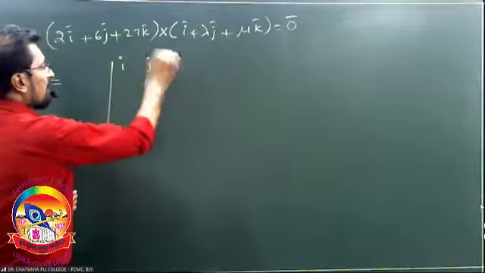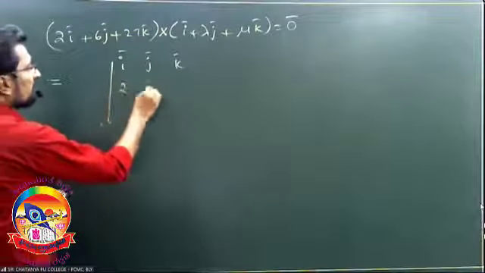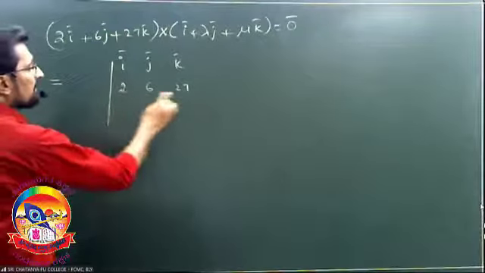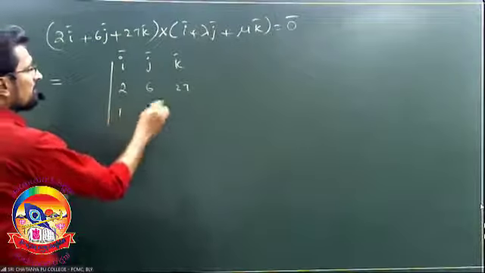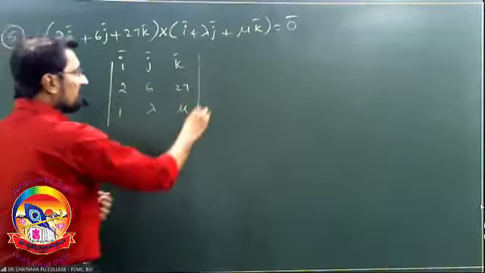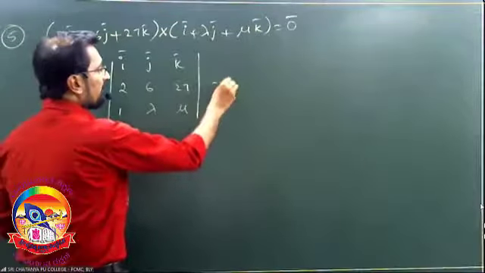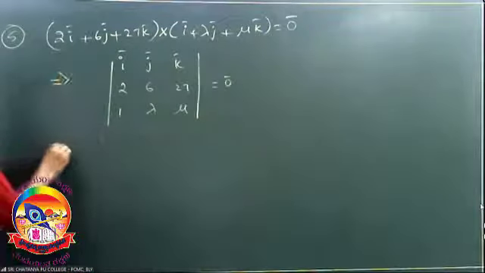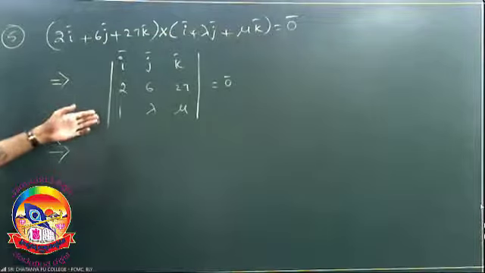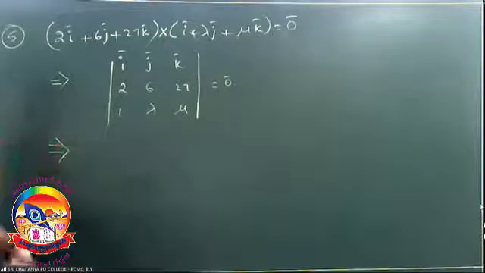So similarly, you should do the cross product of this one by using the determinant i bar, j bar, k bar, 2, 6, 27, 1, lambda, mu, is equal to the null vector. Now expand this and equate it to the null vector.